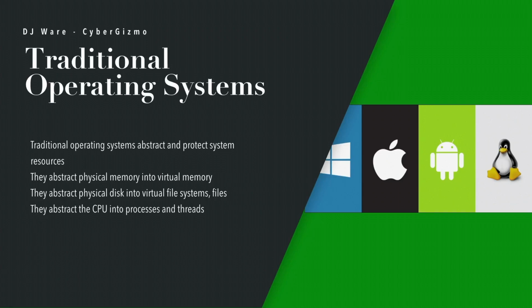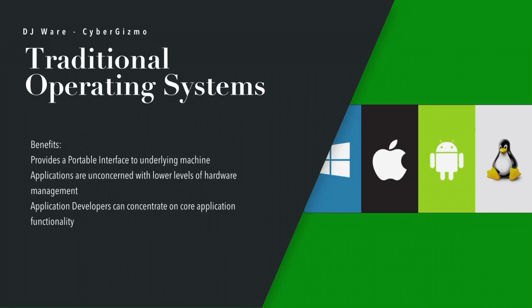But then the view of those disks is actually the partition, and from the partition you go to files and directories and all that stuff. They also abstract the CPU into processes and threads, and there's a scheduler that schedules activity for those applications to execute. And then there's a timer that's set to say, okay, your time's up, and I'm taking it back.